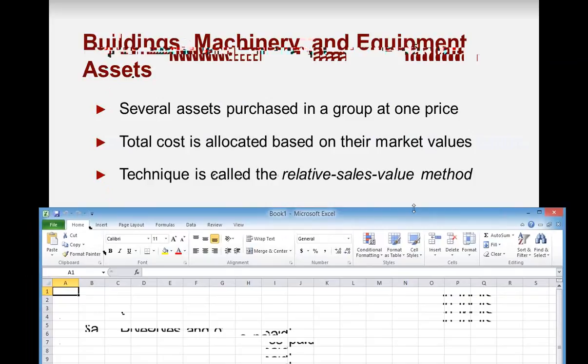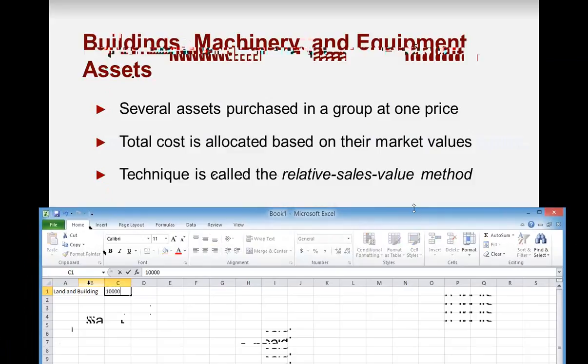At any rate, if I have a lump sum purchase, I might do something like I buy land that has a building on it, and the combined purchase price for buying land and a building, I pay $100,000 for it.